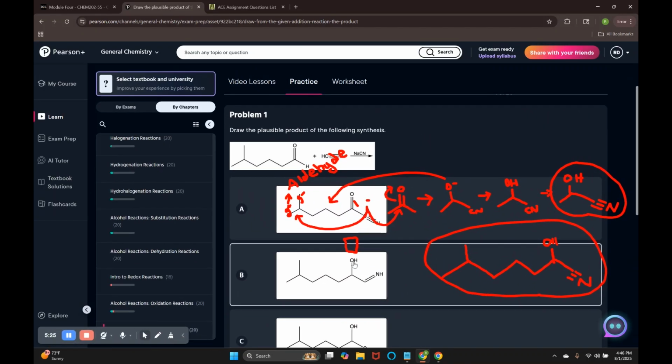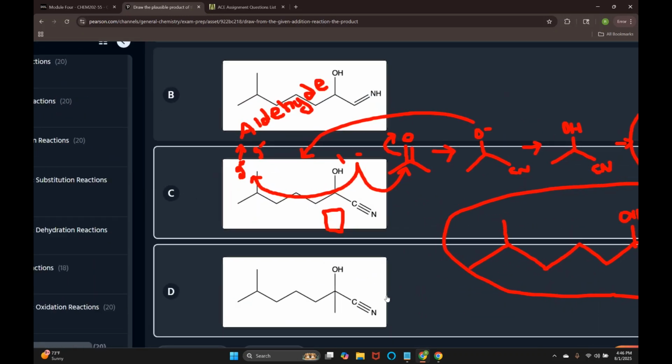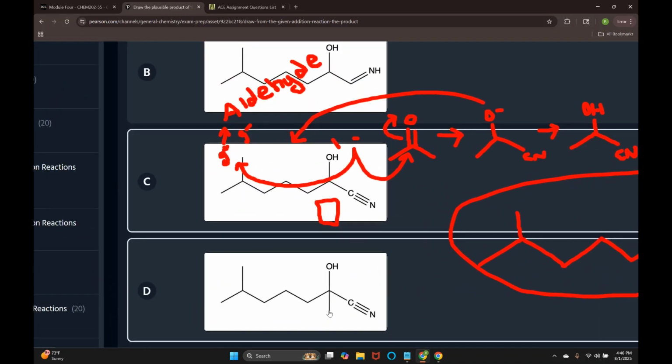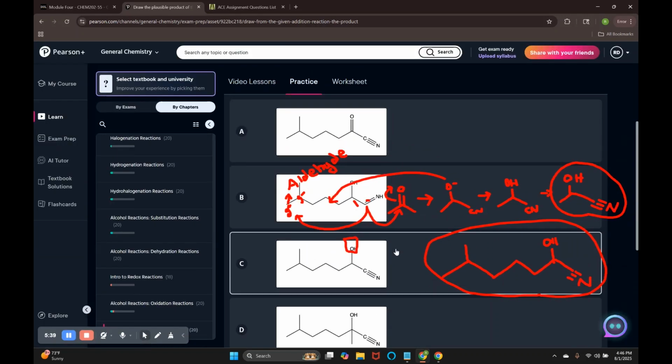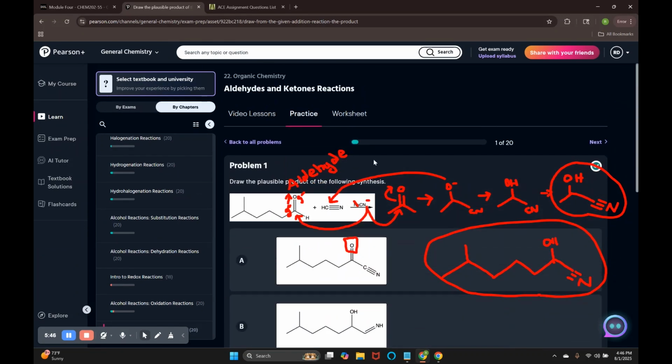That is wrong, but we do have the alcohol. C, we have the alcohol, and we have our C triple bonded N. So this is correct. This is the right answer. D, we inexplicably have a methyl down here too. So that's just silly. All right, so C is the right answer. Let's go ahead and make sure the system agrees with us. And it does. It does confirm that we did this properly, and this is the mechanism.